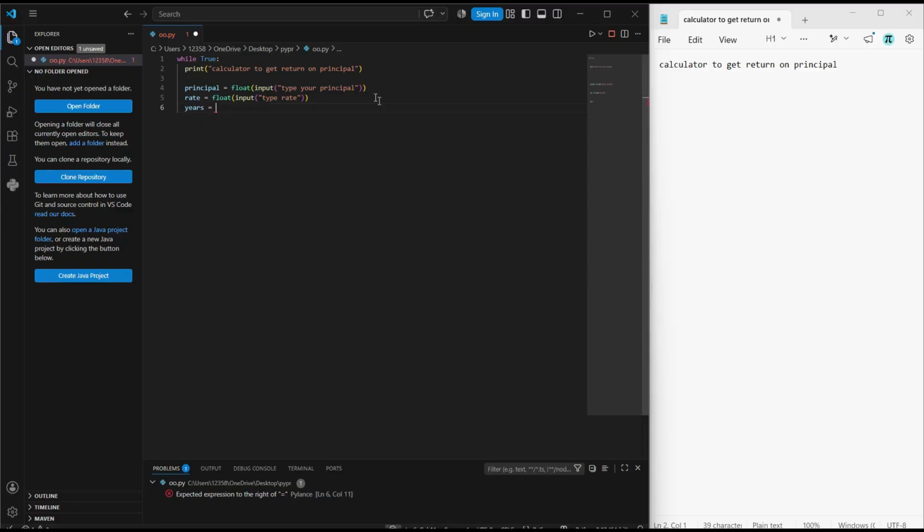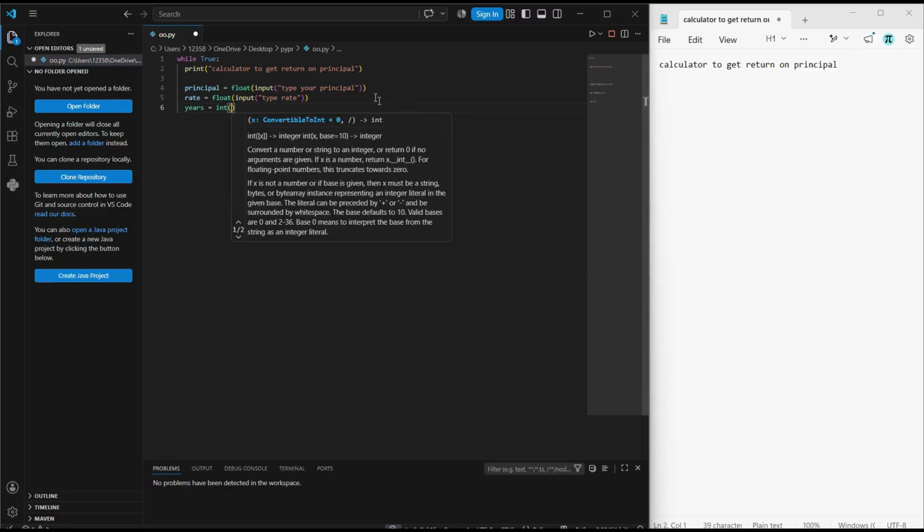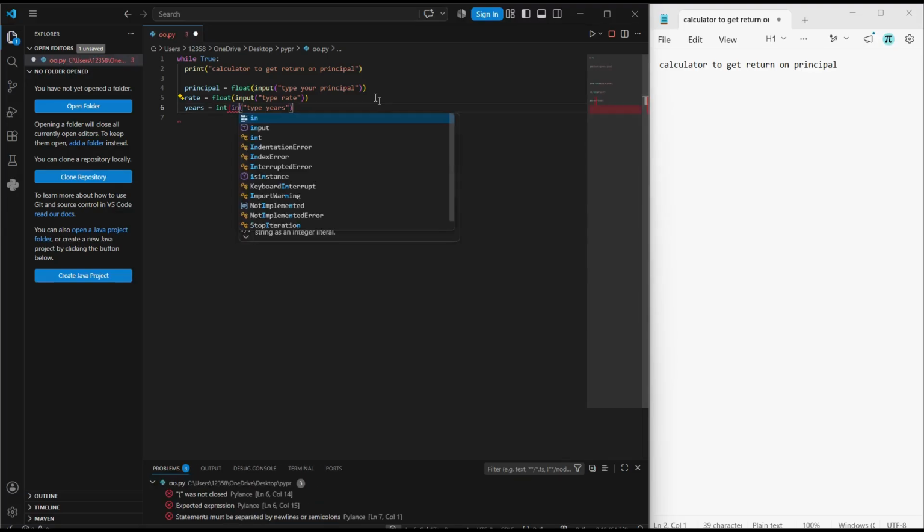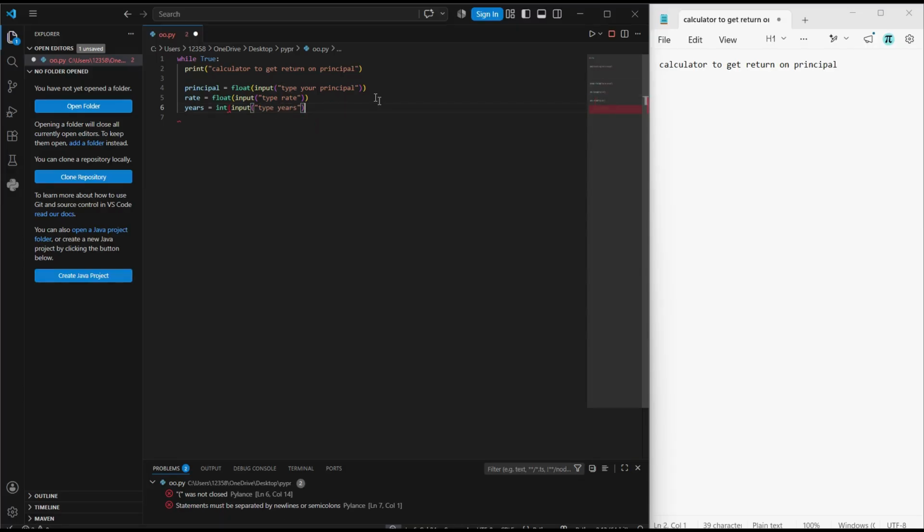This is the third variable that contains years from the user, how many years the user wants return on principal. Float, sorry, this is an integer. Input is needed here. Input, type years, and another parenthesis, close the line.